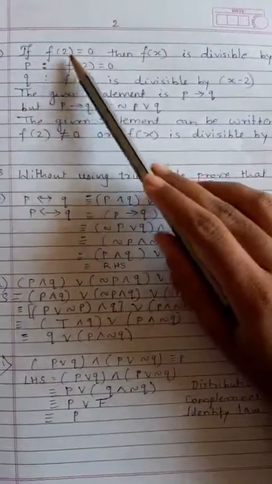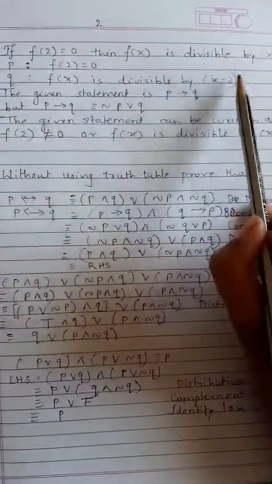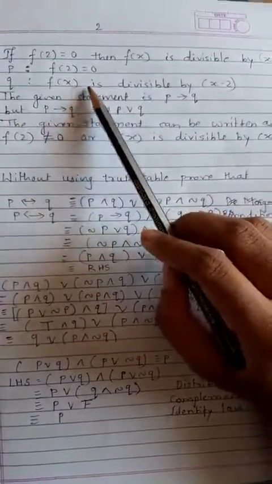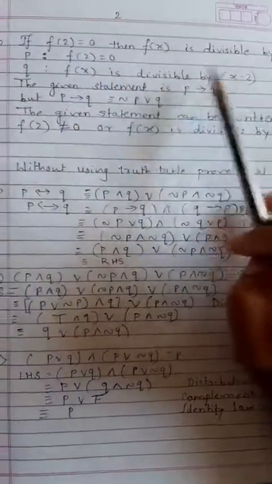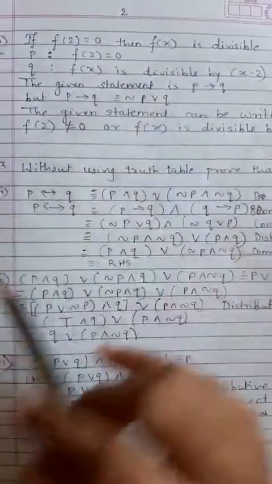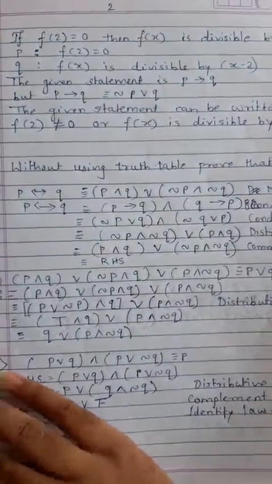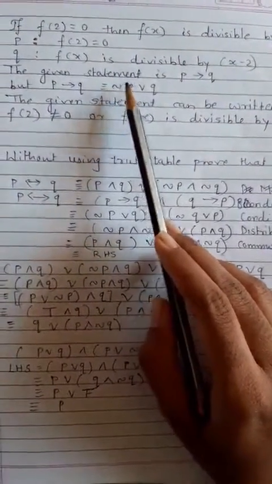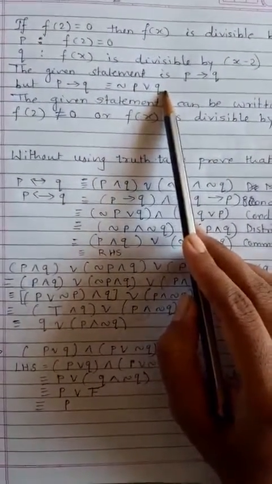So P will be f of 2 is equal to 0, Q is f of x is divisible by x minus 2. So the given statement is in the form of P implies Q. And we know that P implies Q is equivalent to negation P or Q.